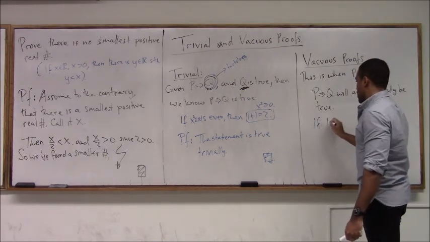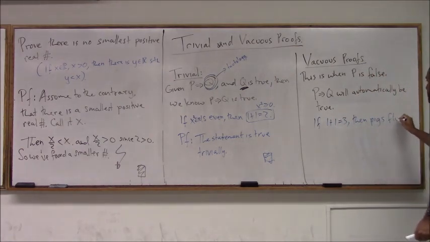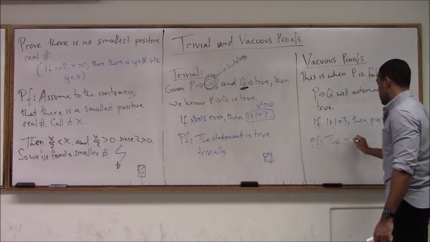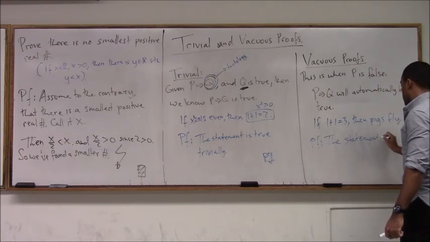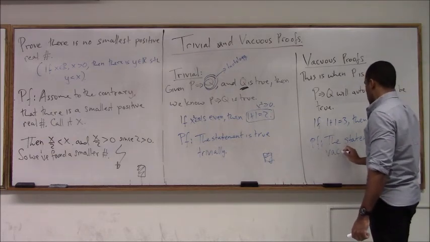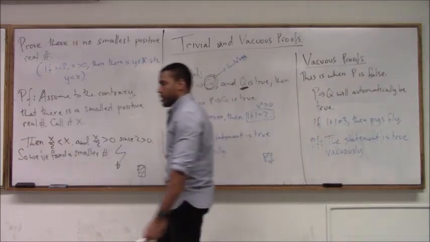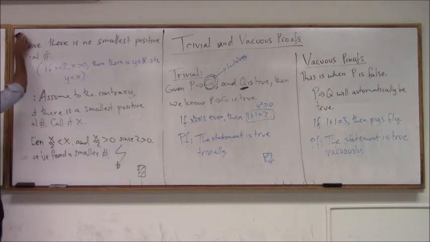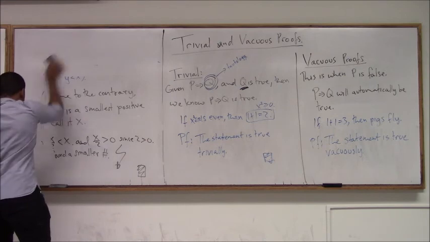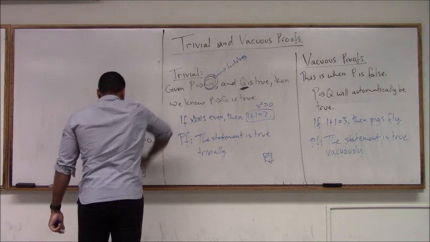So if I say if 1 plus 1 equals 3, then pigs fly, you can say the statement is true vacuously. You don't really have to do anything in a trivial or a vacuous proof. Once you can prove either that the last statement is always true or the first statement is always false, then the overall implication will be true according to the truth table.